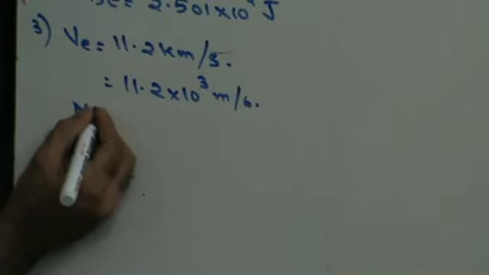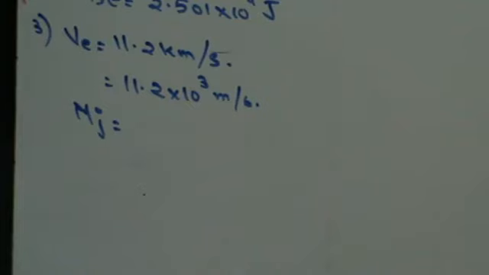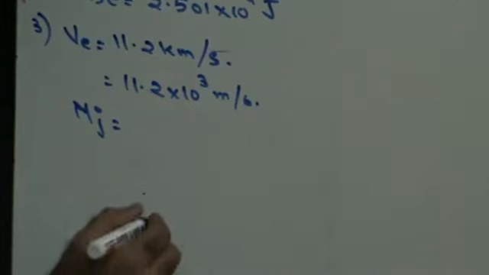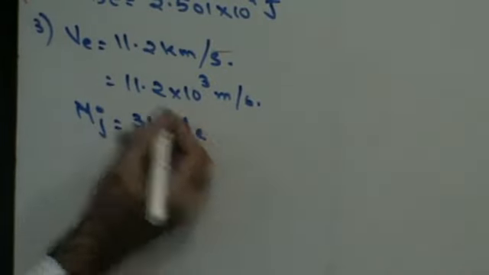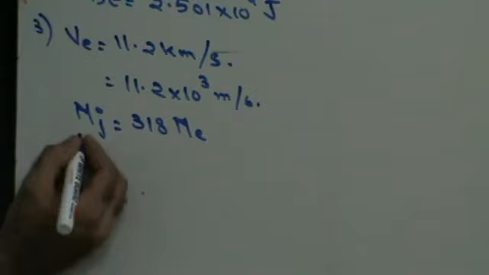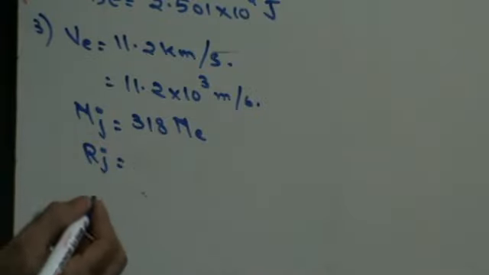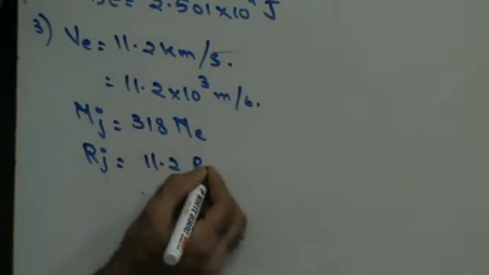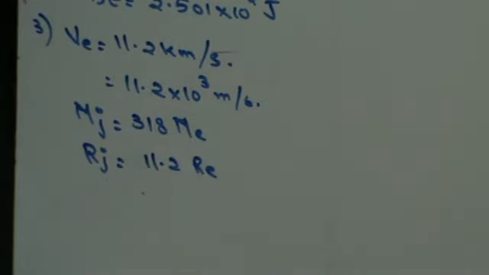If mass of Jupiter is 318 times the mass of Earth and the radius of Jupiter is 11.2 times the radius of Earth, find the escape velocity from Jupiter's surface.